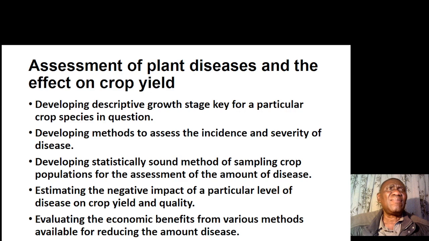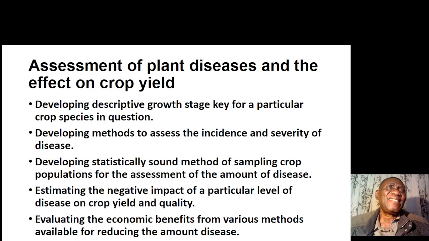Now, developing a descriptive growth stage key for a particular crop species in question, developing methods to assess the incidence and severity of disease, and we should relate it to the growth stages. We should also develop a statistically sound method of sampling crop populations for the assessment of the amount of disease.